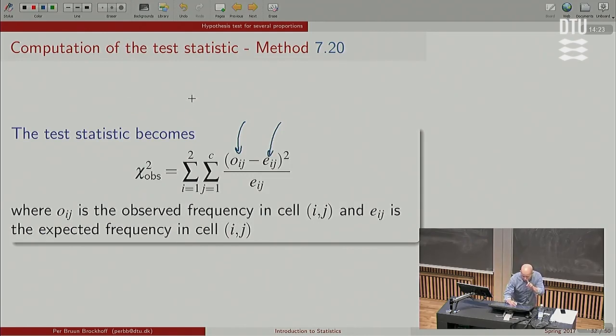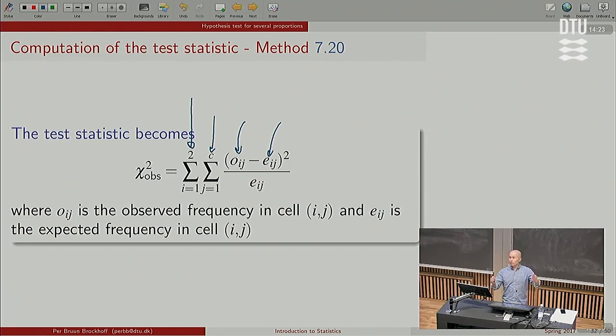Now I'm still talking about proportions with only 2 possible outcomes, just until 10 minutes from now. But then there could be any number of groups to be compared. The C could be 2, then I have a 2 by 2 table, right? Or the C could be 10, like in the malformations data. It works for any number of proportions. We compare the observed table with the expected table by this formula.